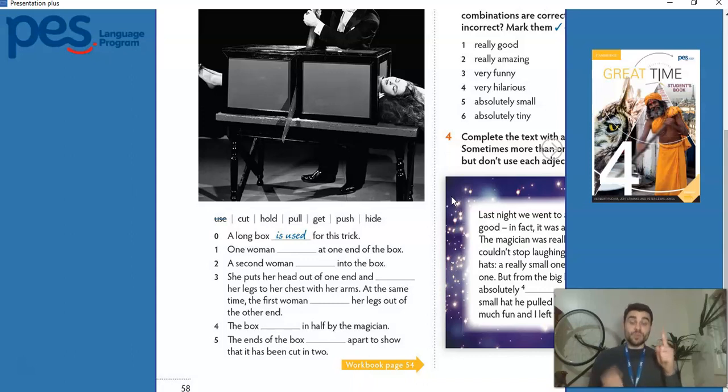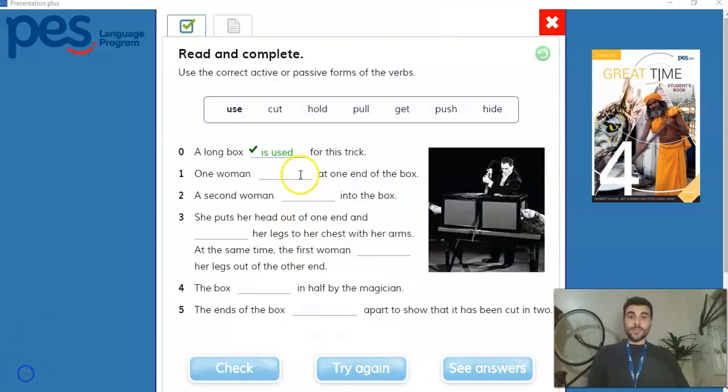Remember the rule. The rule here is really important for you because sometimes some words can help us identify if it's a passive or an active sentence. Okay? So again, pause the video, complete the sentences with the active or passive form of the verbs. And then come back here for us to check. Good luck.